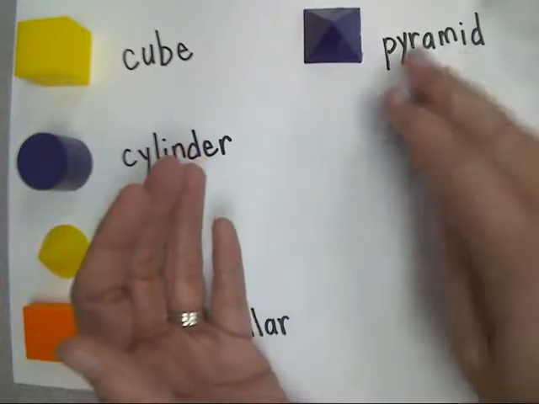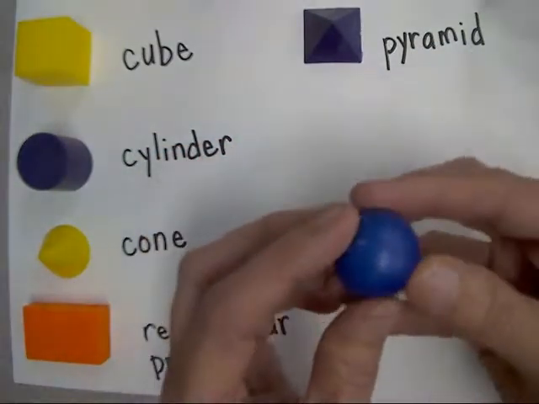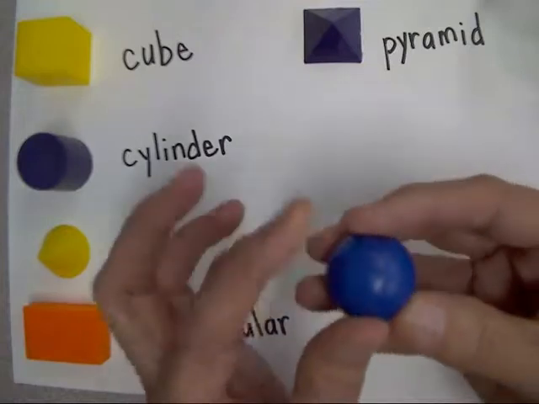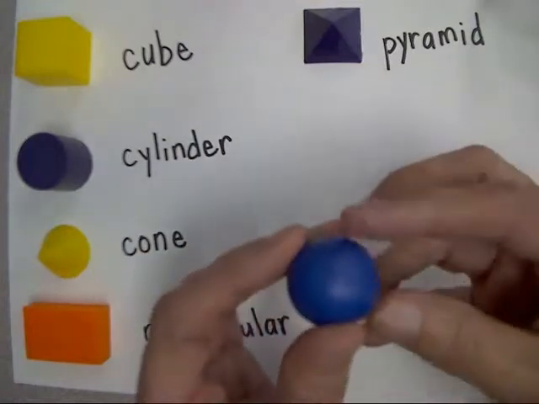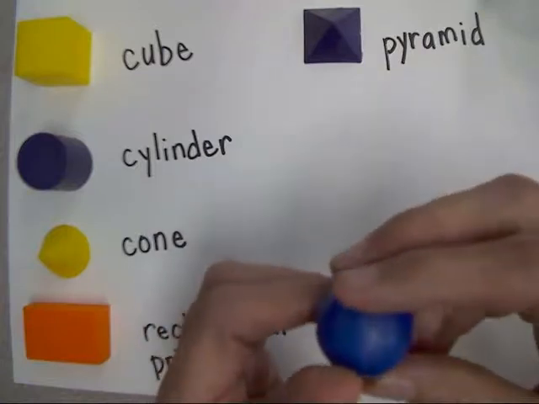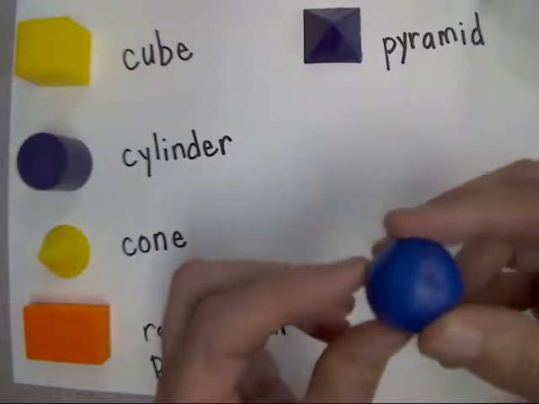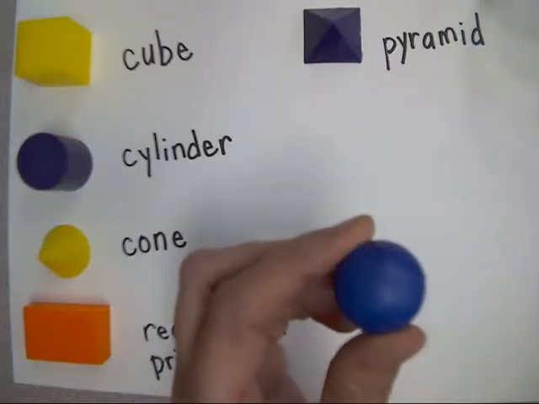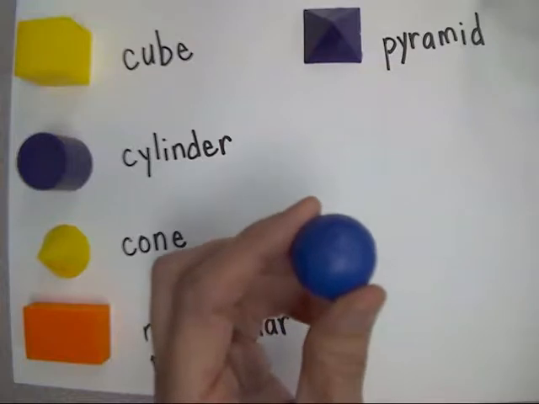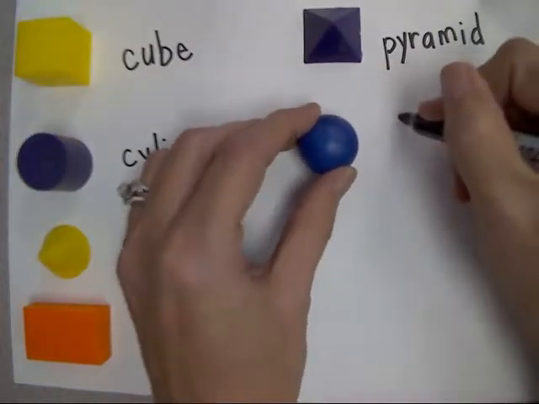It is round. Does it have any flat faces? No, it's curved all around. It will roll. This is called a sphere.